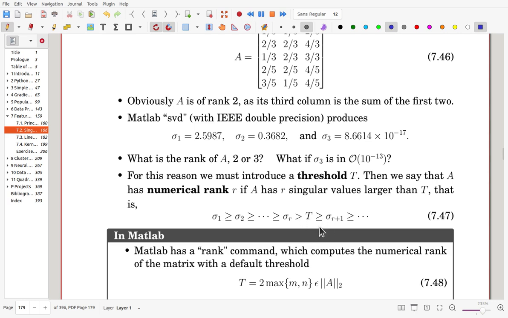By using this threshold technique, the rank is decided. Now, how can we decide this threshold?